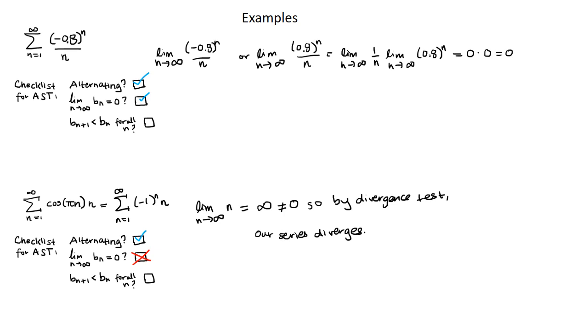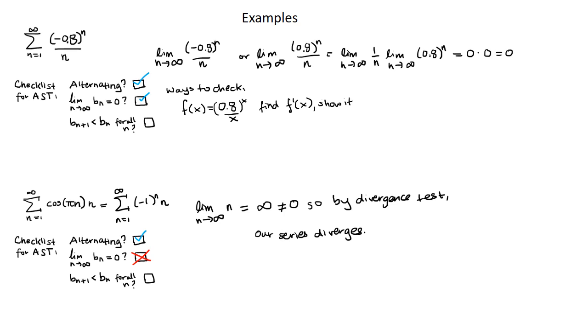Okay, there are numerous ways of checking this. We could take f of x is equal to 0.8 to the x over x, and we can find the derivative and show it is negative.